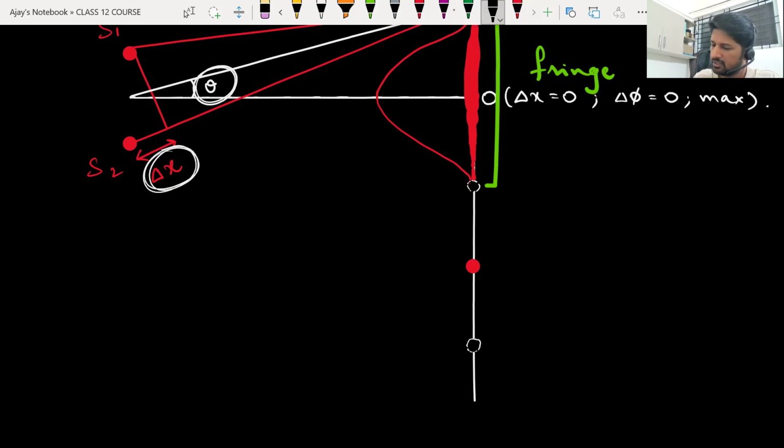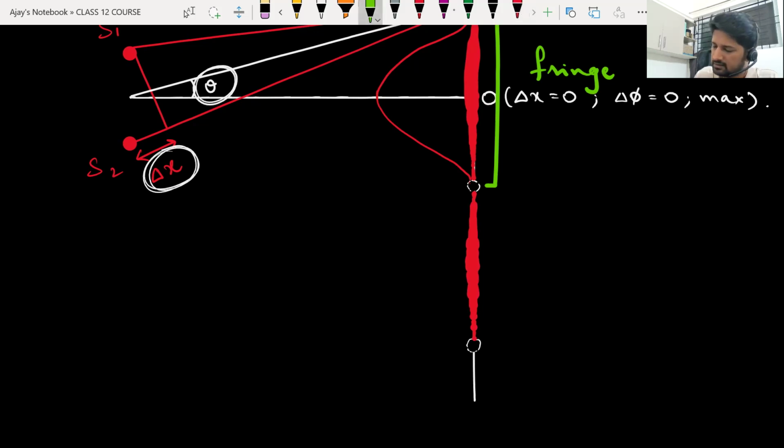So in between these two dark spots also, the intensity of light gradually increases, becomes maximum, again gradually decreases and becomes minimum.